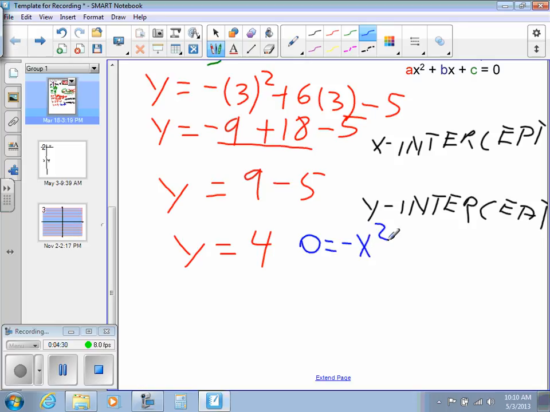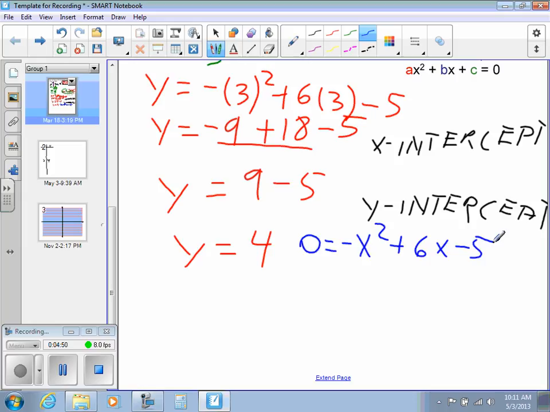Negative x squared plus 6x minus 5. Let's see, did I get that correct? And yes, I did. And now I'm going to factor and solve.